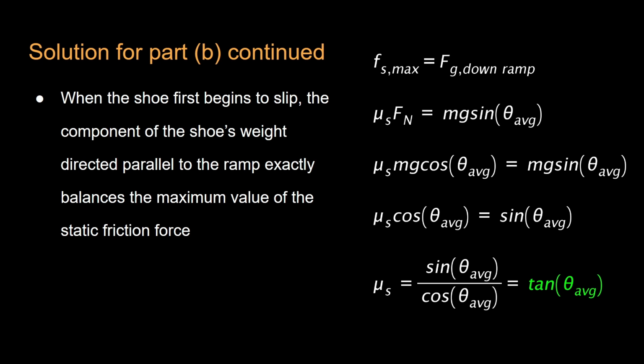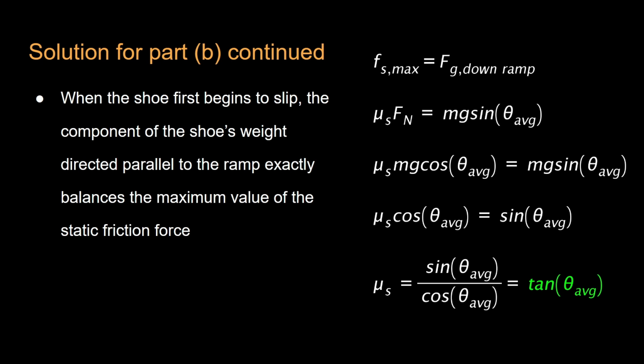Max value of static friction is always mu times normal force. And the down the ramp force is mg, which is the whole weight, times sine theta, gets you the down the ramp component. And then with a bit of algebra, we can simplify this to a very short result: mu is given by tan of the slip angle.